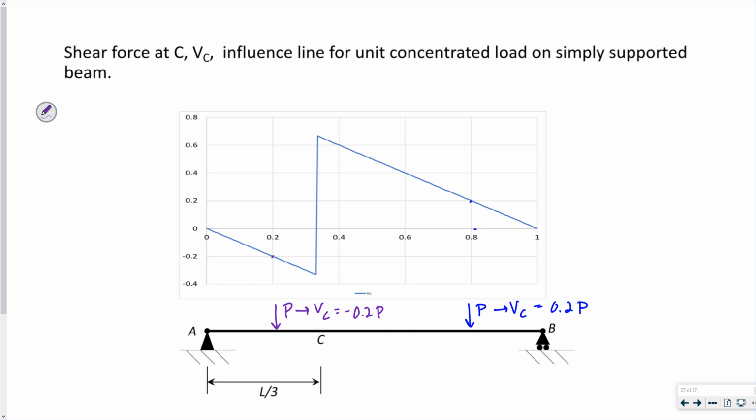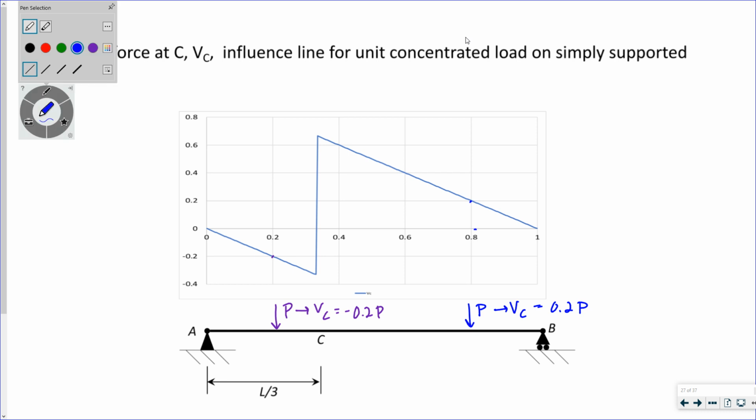Where would I place my load for the maximum positive shear? I put it just to the right of C. Let's make that green.